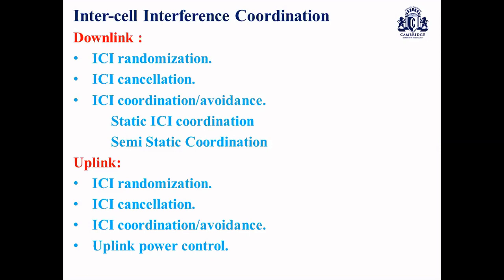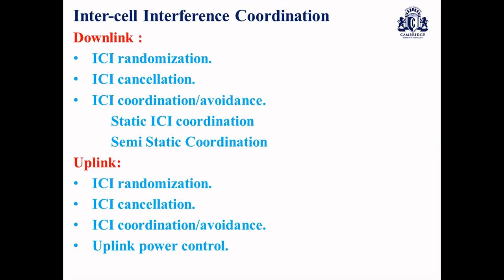This is usually deployed with beamforming or multi-cell joint transmission. CoMP with joint transmission can remove all ICI and turn an interference-limited cellular network into a noise-limited system.